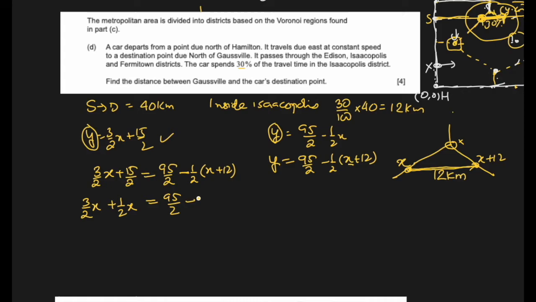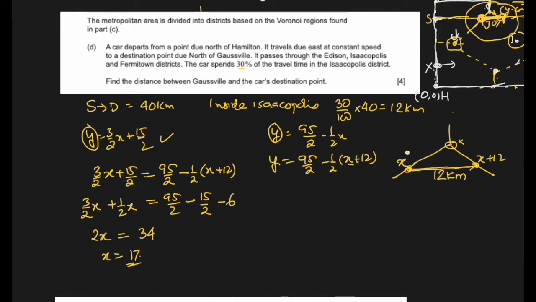Then this 15 over 2 will also come to the right side, and then we have minus half times 12, which is minus 6. Okay, 3 over 2 and 1 over 2 will be 2x, yeah, 4 over 2, which is 2x, equal to 95 minus 15 will be 80, divided by 2 is 40. 40 minus 6, 34. So x is 17.